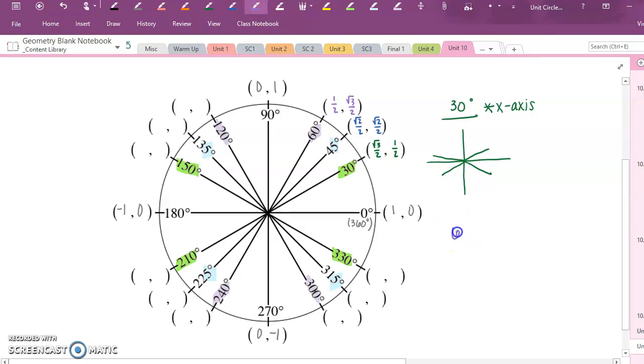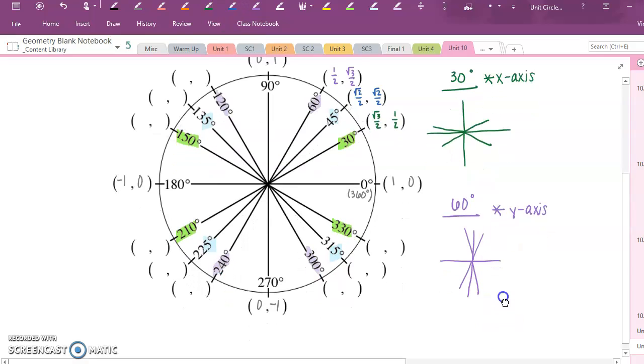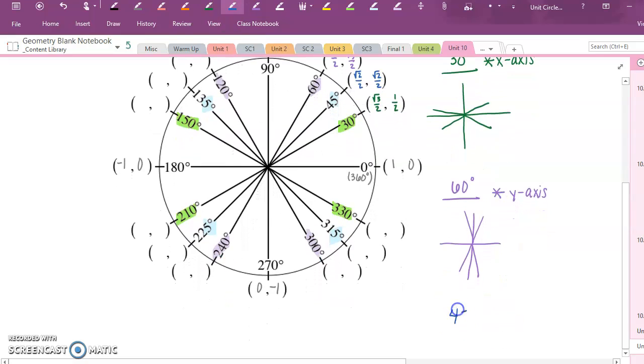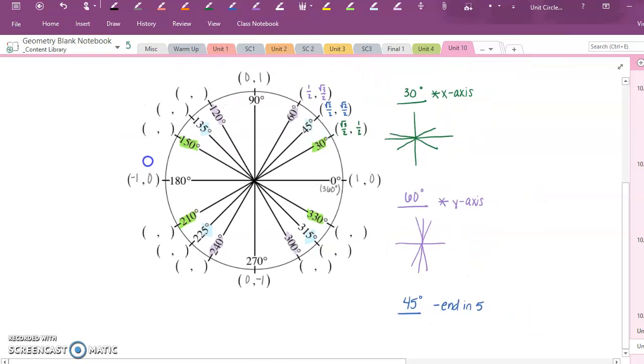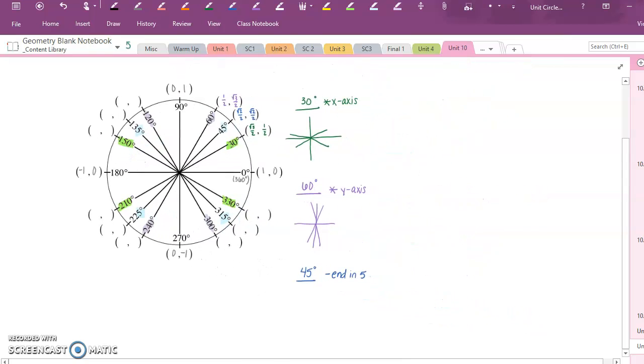Versus 60 degrees, it's everything closest to the y-axis. And then we have 45 degrees. These all end in 5. From there, you have all of the ordered pairs.